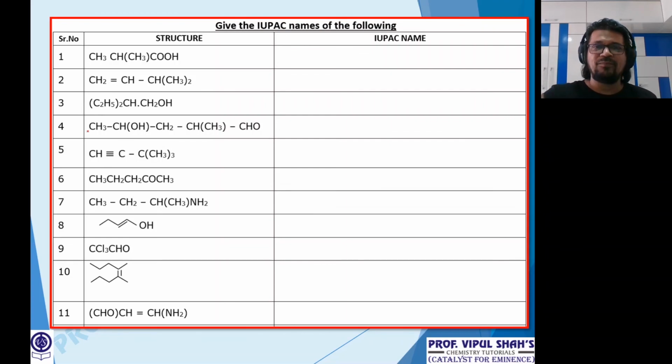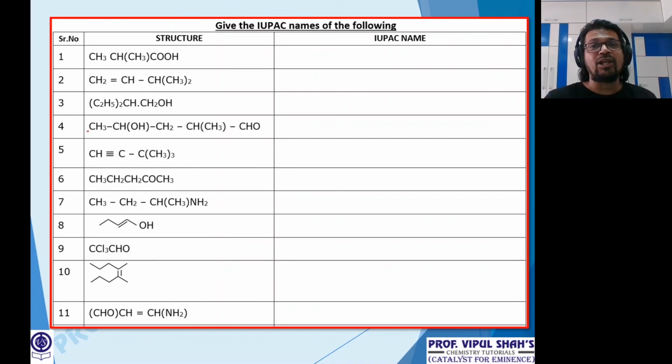Alright, 10 groups done. Next, the 11th, derivatives of acids, anhydrides, C double bond O, O C double bond O. That's a functional group, IUPAC, alkanoic anhydrides. Then next, amides, CONH2, that's a functional group. RCONH2 is what we represent, alkanamide. Then RCOCl, that's acid chloride. COCl is the functional group, acyl chloride.